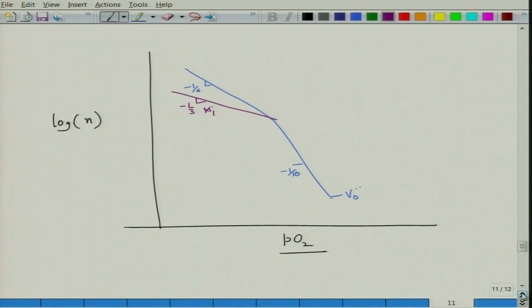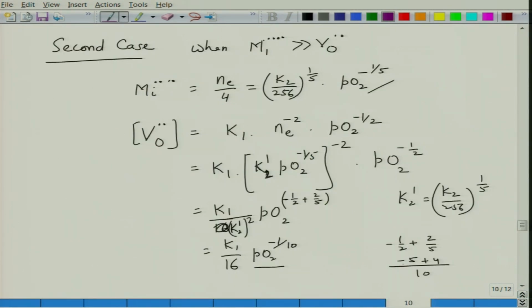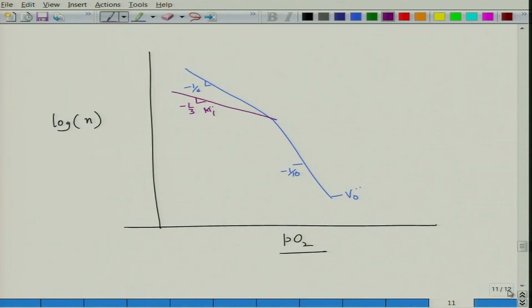If you look at the second region, Mi goes as minus 1 over 5. So, it will go in this fashion, minus 1 over 5. The electron concentration in the first case will follow this line, and in the second case it will follow this line. In the first case it will go as minus 1 over 6, in the second case as minus 1 over 5.